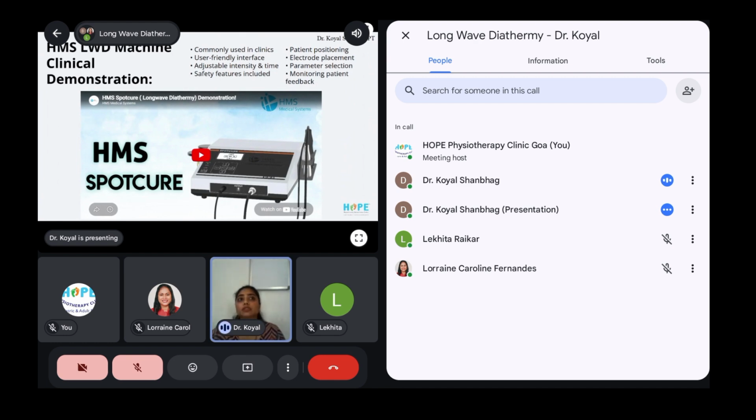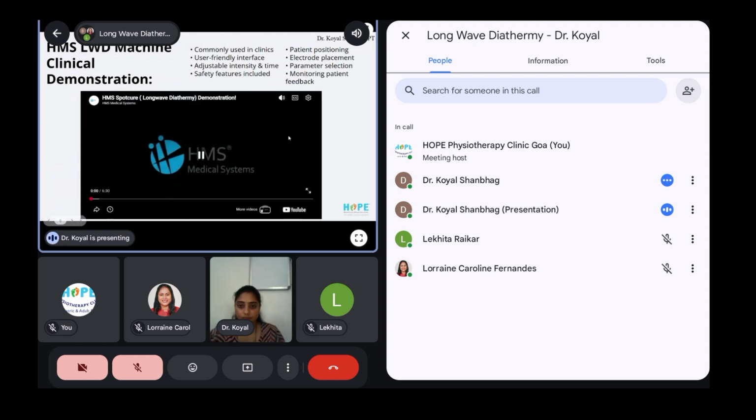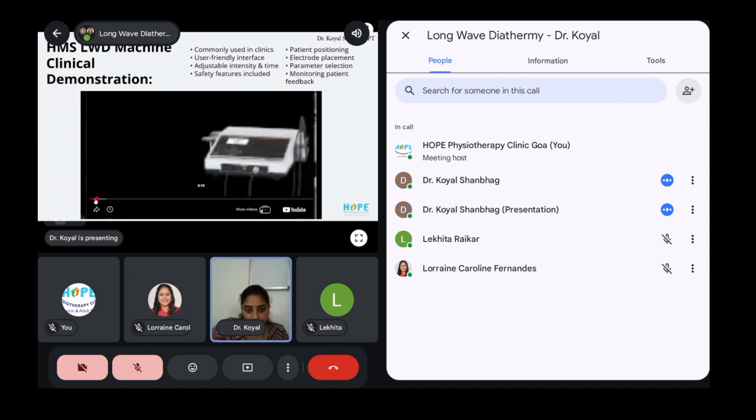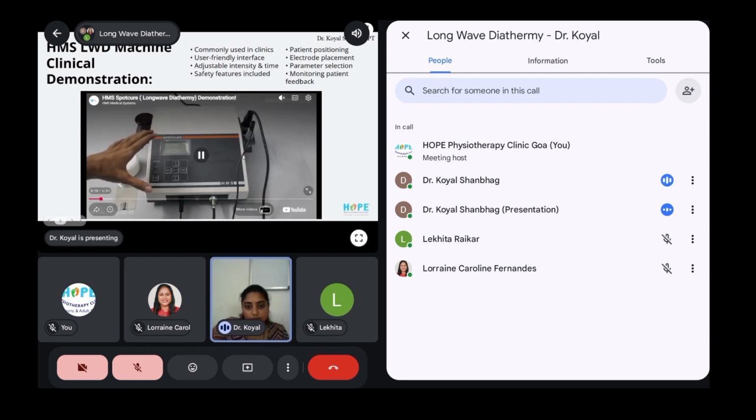The first things we should remember are the patient positioning, electrode placement, and selection of the parameters. So we'll see how it works. This is a video by the makers of this machine, the company itself. We'll just fast forward it.